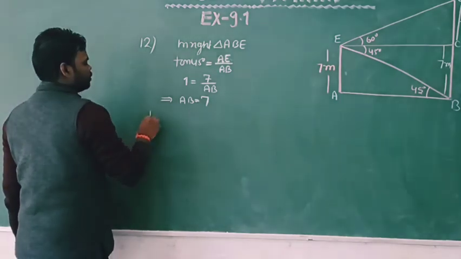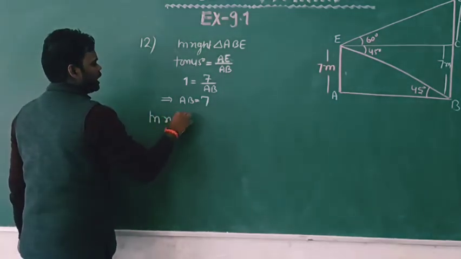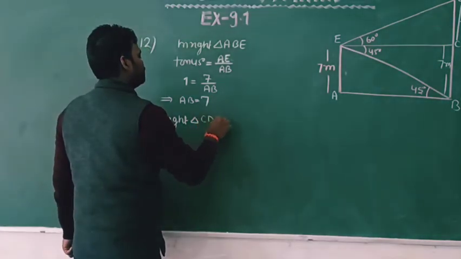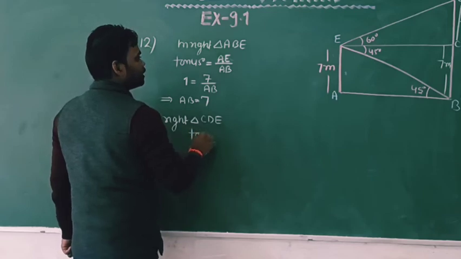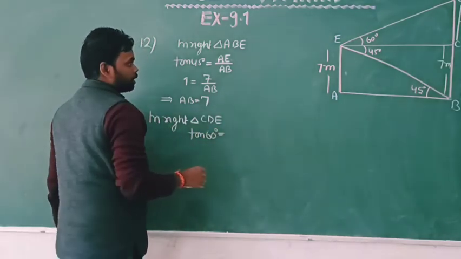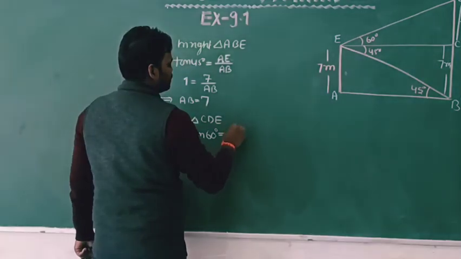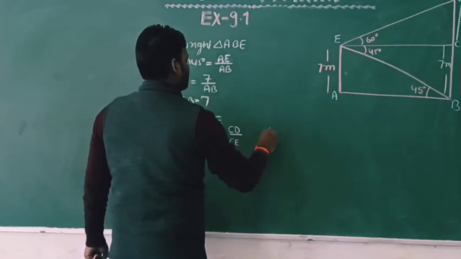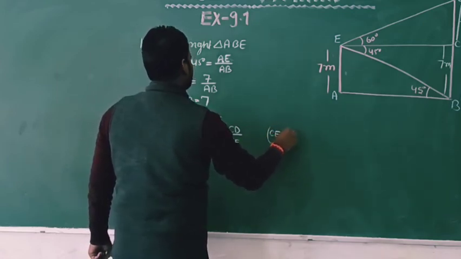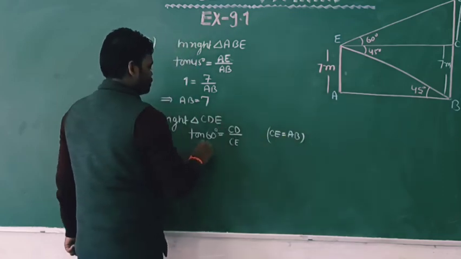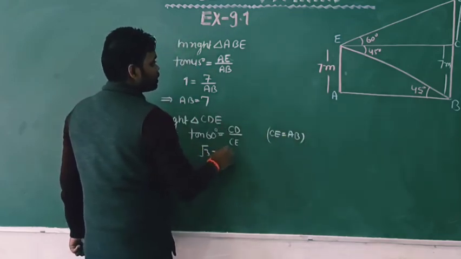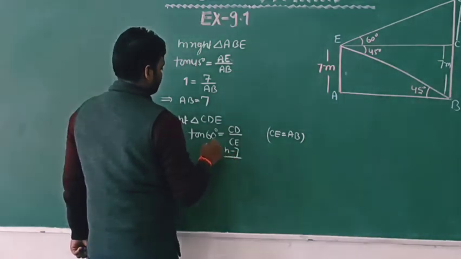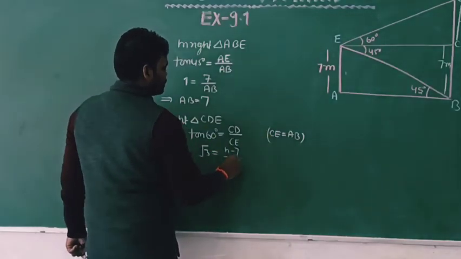Now move to right triangle CDE. tan 60 degrees equals perpendicular upon base, that is CD upon CE. Here CE is equal to AB. So this is √3 equals CD, which is h minus 7, upon CE, which is 7.